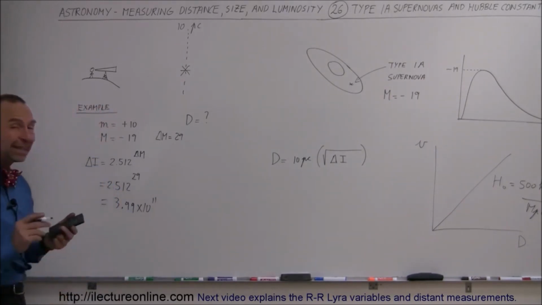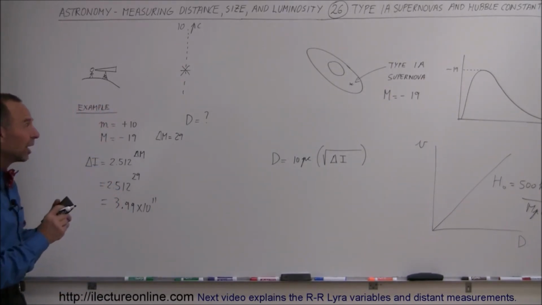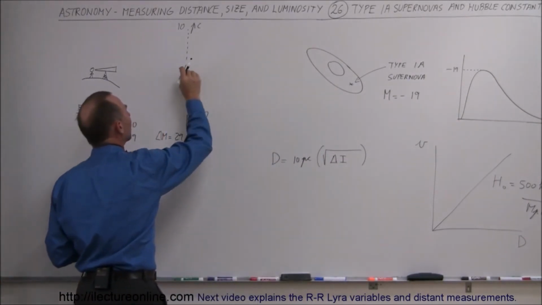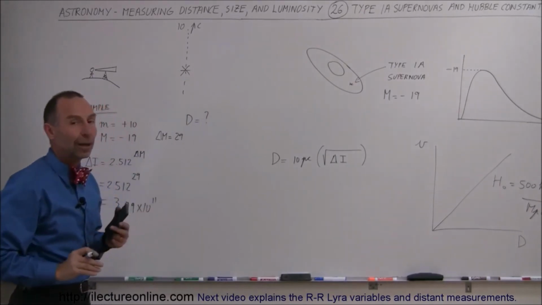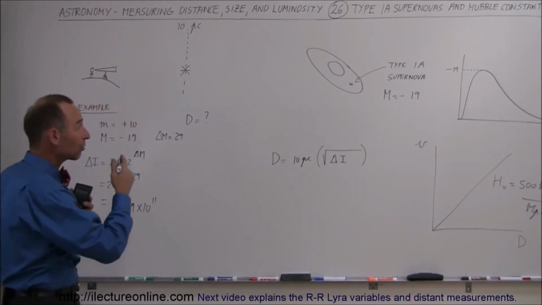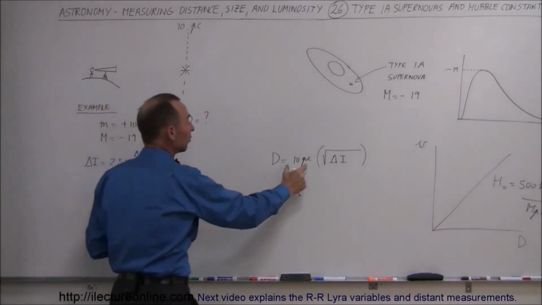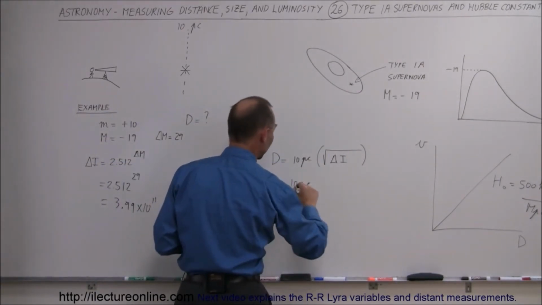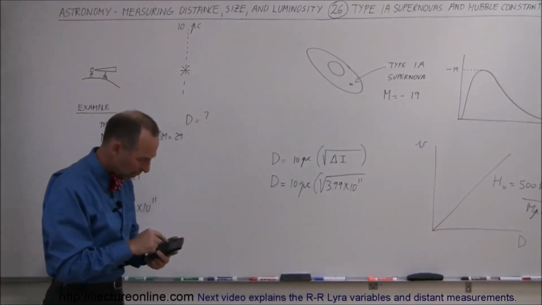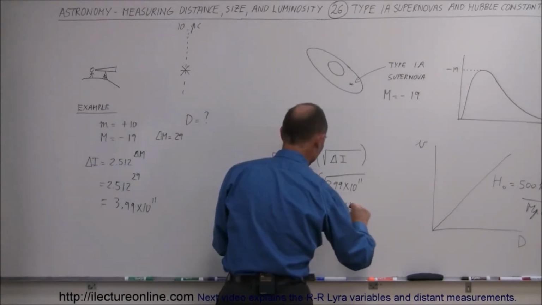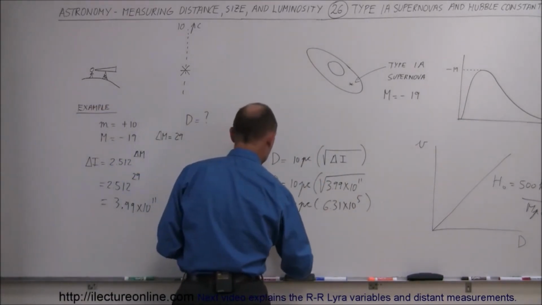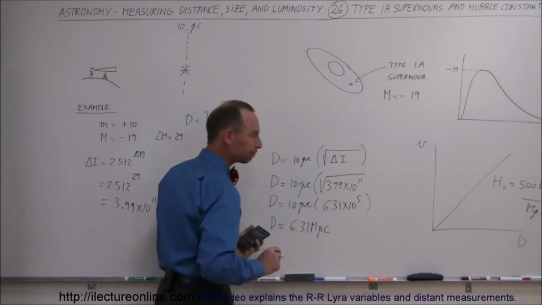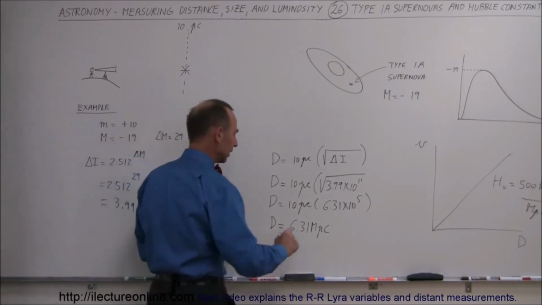That is the difference in luminosity between where it actually occurred and where it would be if it was only 10 parsecs away. So to find the distance where it actually occurred, we take the square root, and D equals about 6.31 megaparsecs, which is about 20 million light years.